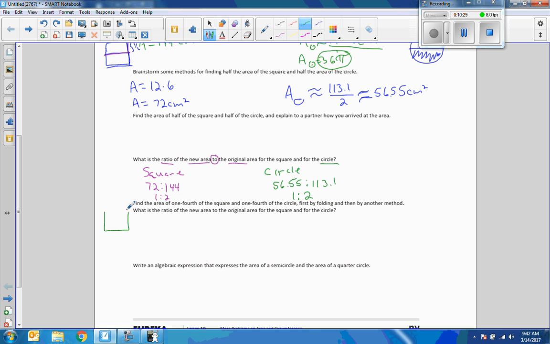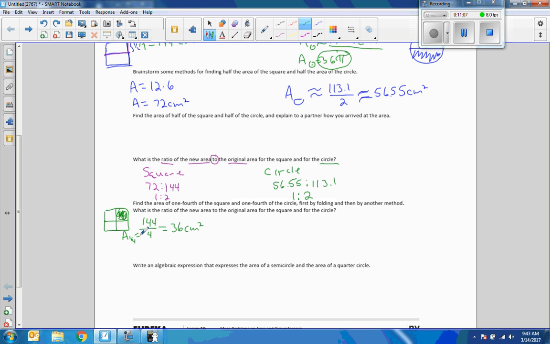So now if I had that square, what I'm doing is cutting it into quarters. And now I only want the area of this region up here, say. Okay. So the area of 1/4 of the square would be taking that 144, dividing it into 4 equal pieces. 4 goes into 14 3 times, 12, carry the 2, 4 goes into 24 6 times. So 36 centimeters squared is the area of the quarter.